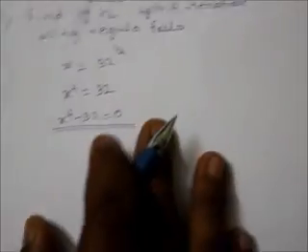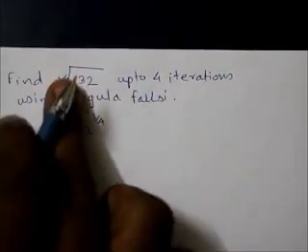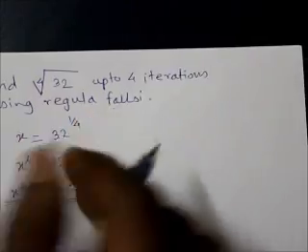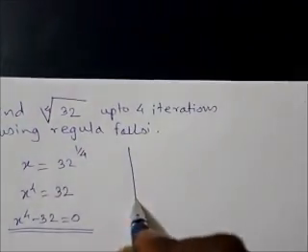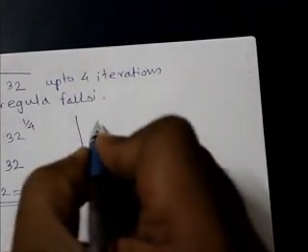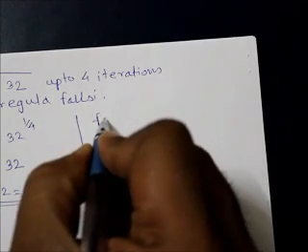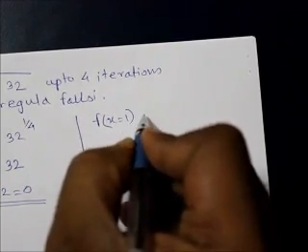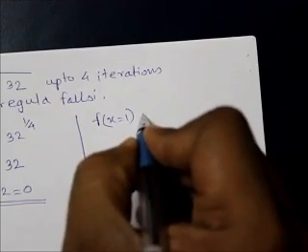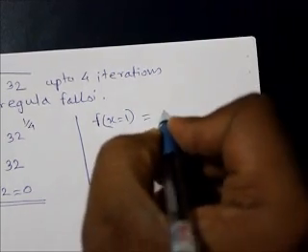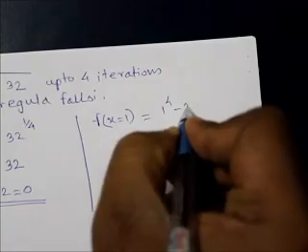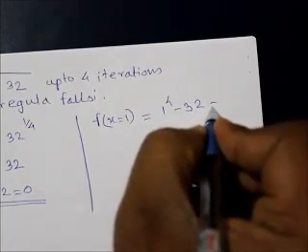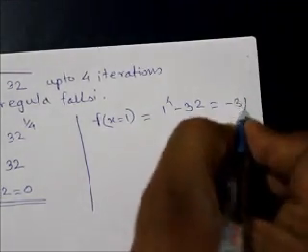Now as you can see here, the interval is not given. So let us find out what happens to f(x) when, say, x is equal to 1. 1 raised to 4 minus 32 is minus 31.